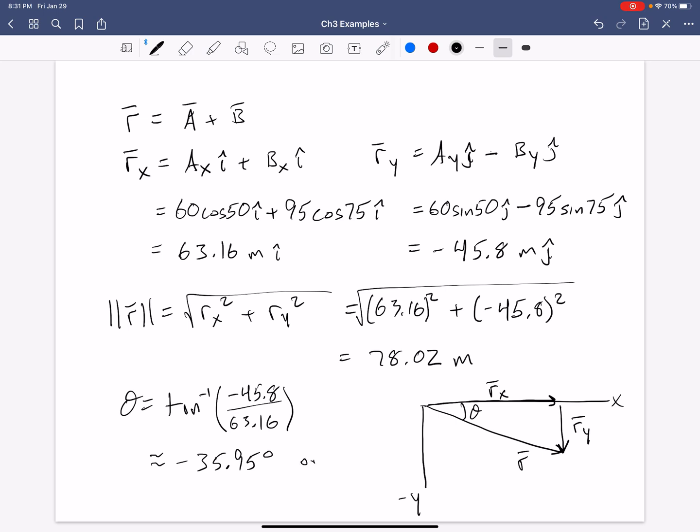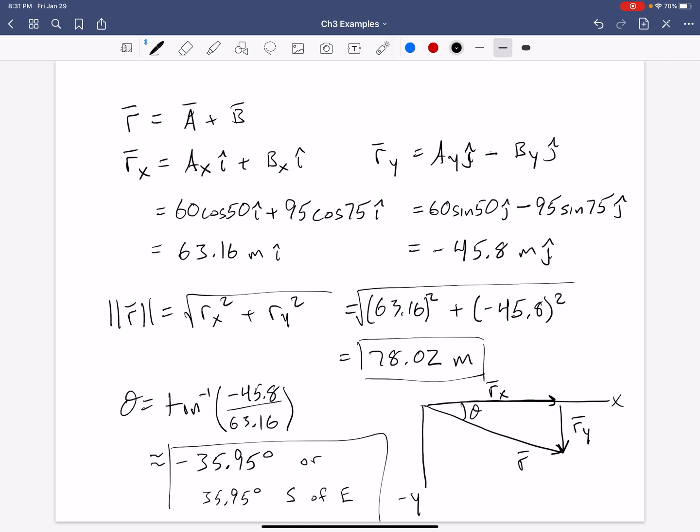Or you could also say 35.95 degrees south of east. Either one of those are fine. That's the overall magnitude of the resultant.